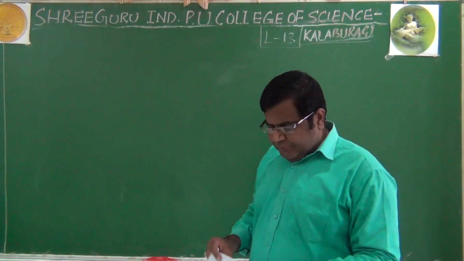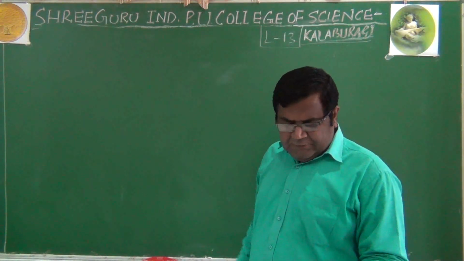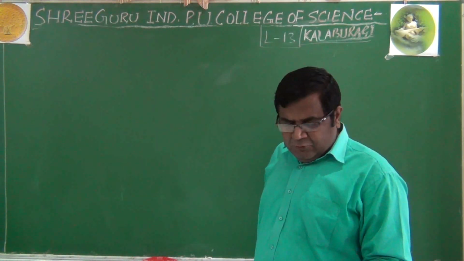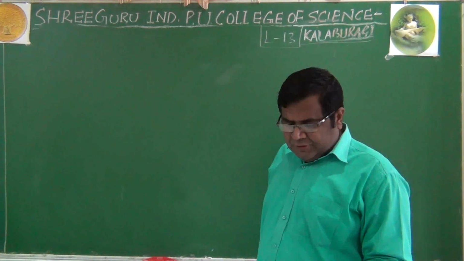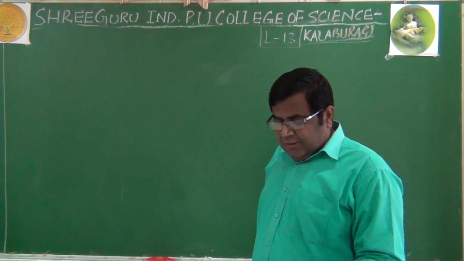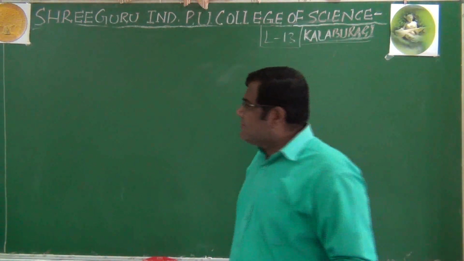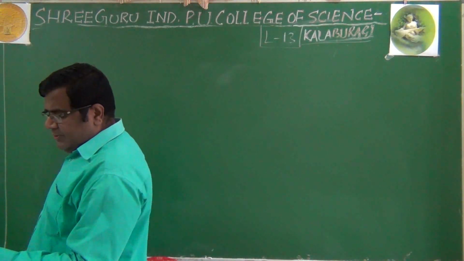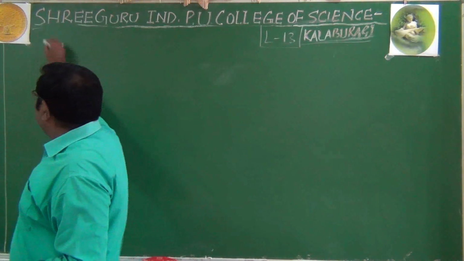The first question was: sucrose decomposes in acid solution into glucose and fructose according to the first order rate law. Half-life period is 3 hours. Yes, we are looking at question number 12 now.